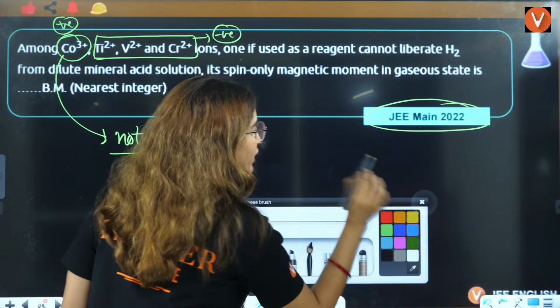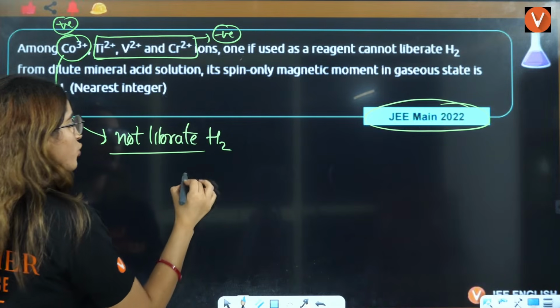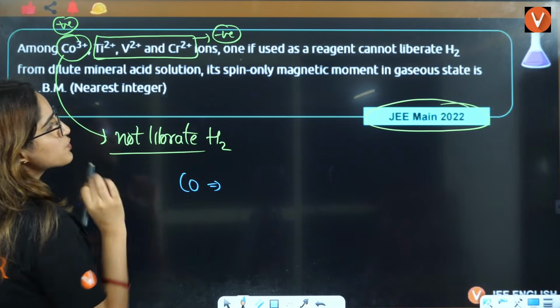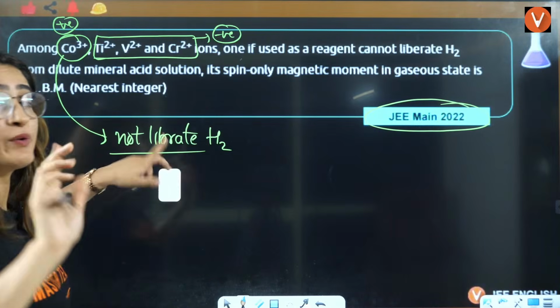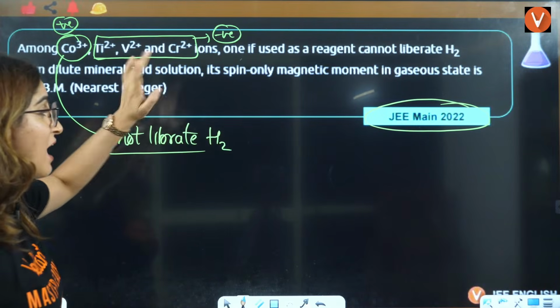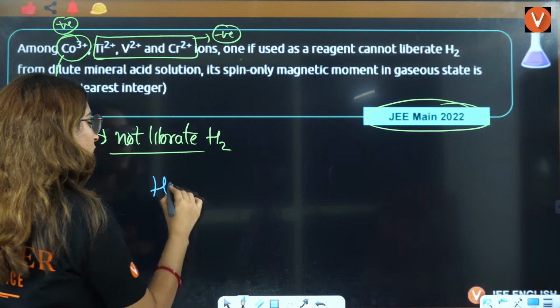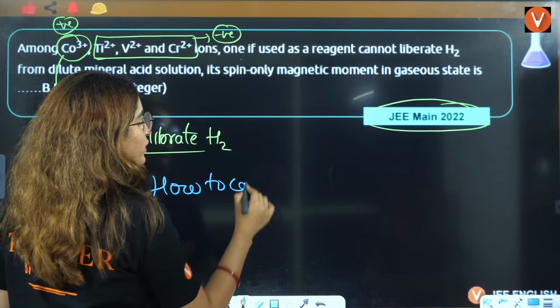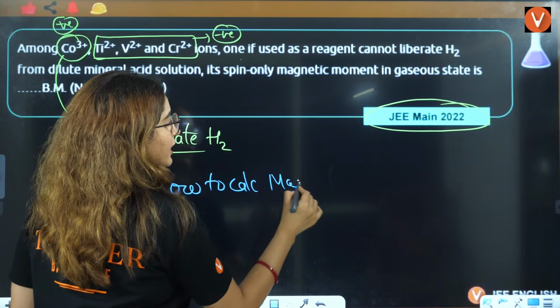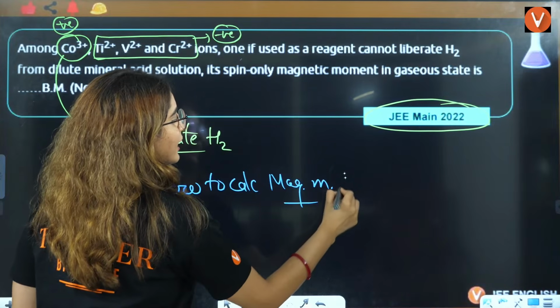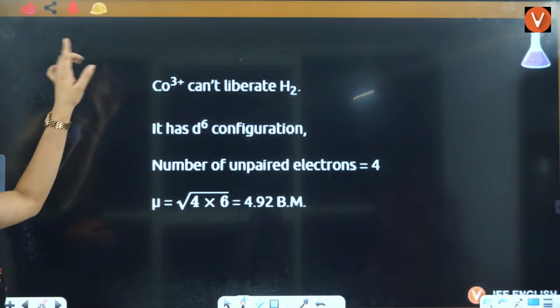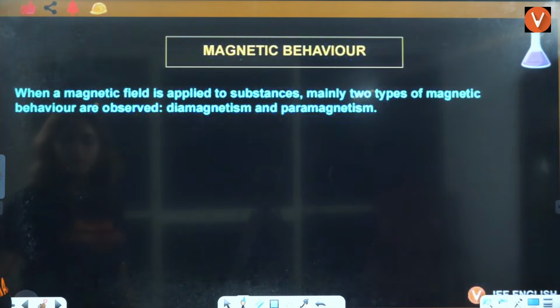Now, because it is not able to liberate H2, for cobalt they are asking you the spin quantum number. I'll tell you how to calculate magnetic moment in the next class.